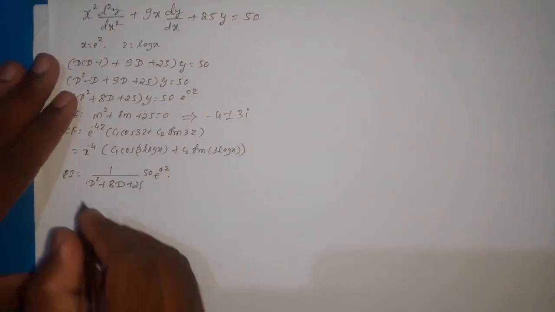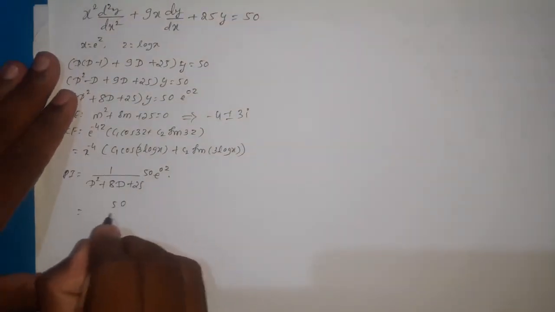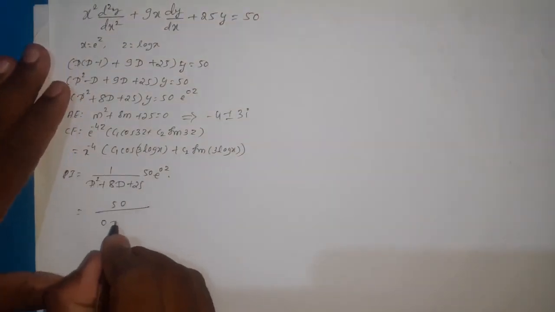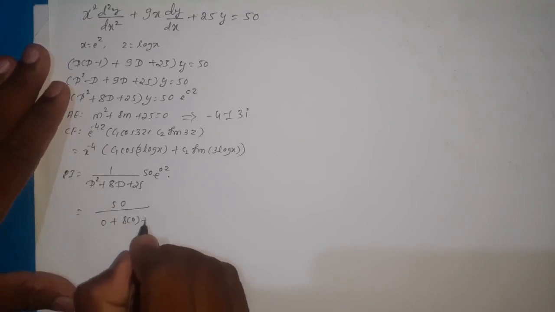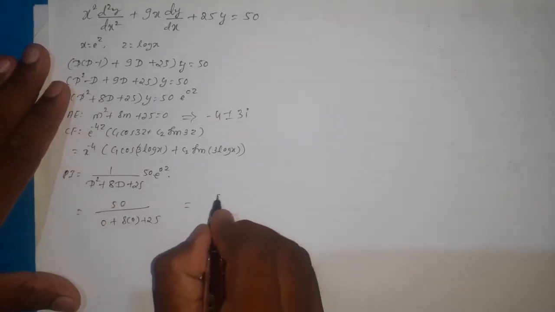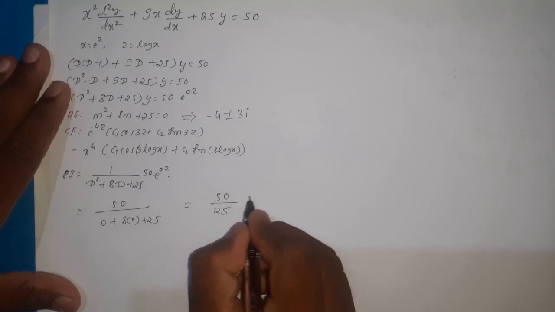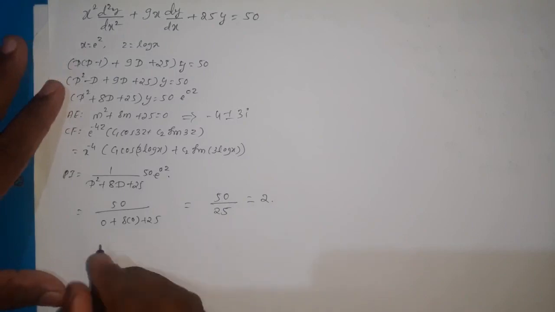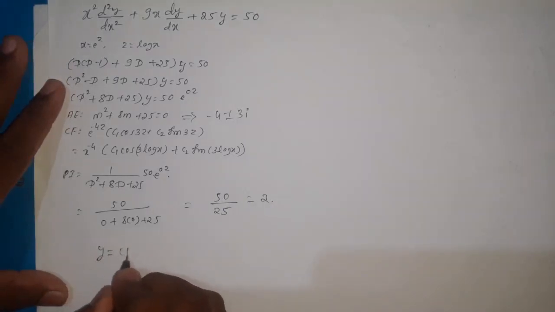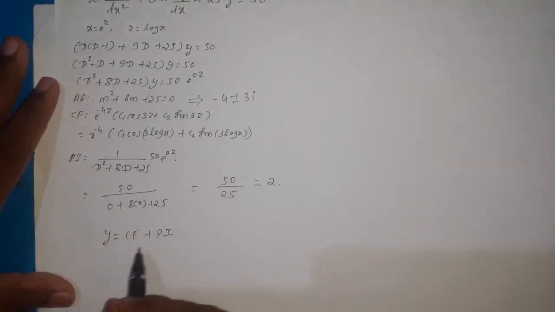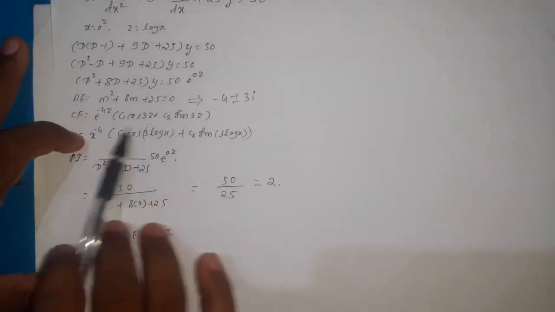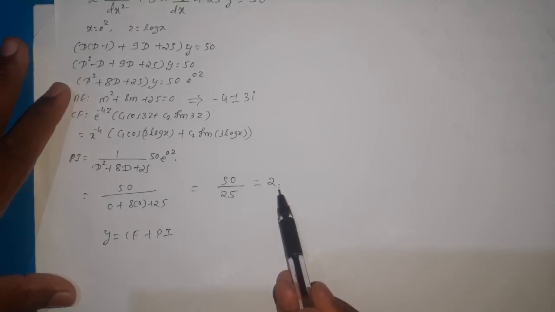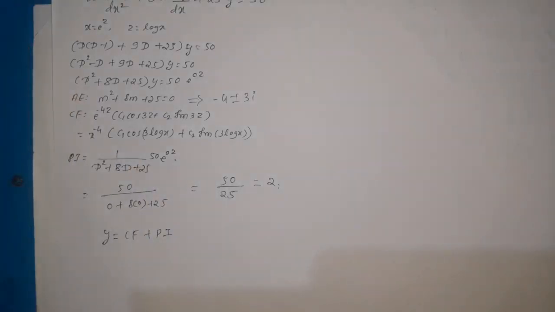So therefore this is equal to 50 divided by 0 plus 8 into 0 plus 25. It becomes 50 divided by 25, which is equal to 2. So therefore the complete solution is given by y is equal to CF plus PI. So here we know this is the complementary function and this is the particular integral. Just add those two to get the complete solution.